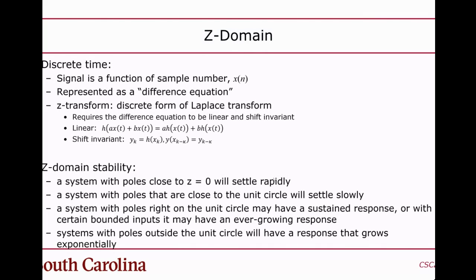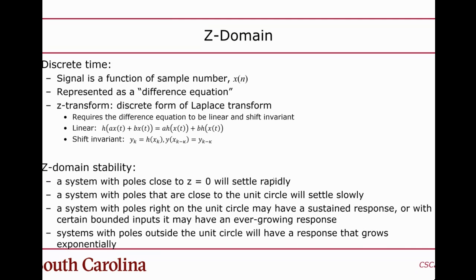A system that has poles that are close to Z equals 0, close to the origin, will settle rapidly. So now we're talking about how close these are to the origin, which means that we don't care whether they're in the left plane or the right plane at this point. We only care how close they are to the origin. A system with poles that are close to the unit circle will settle slowly.